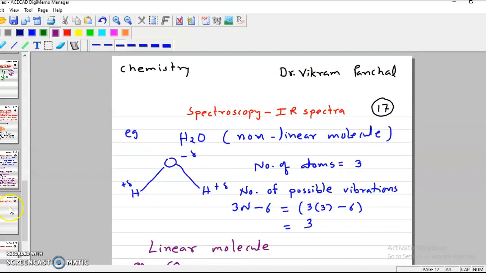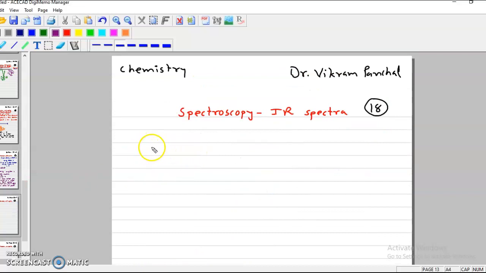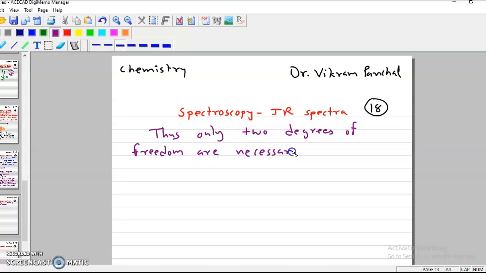Therefore, only 2 degrees of freedom are necessary to describe rotations.